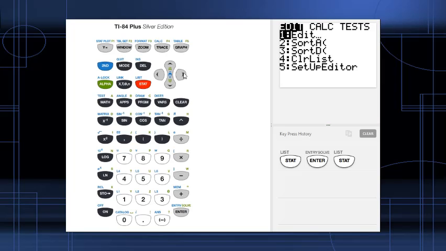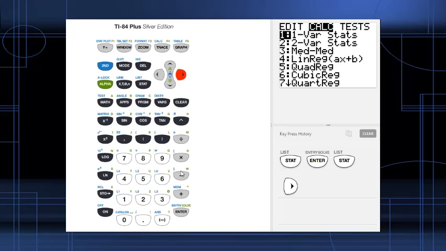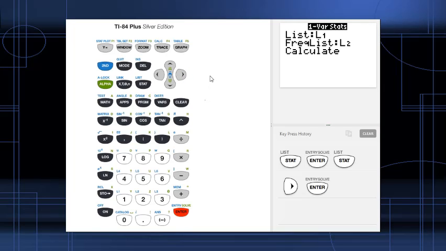Now I'm going to click Stat, go to Calc, and choose the one variable statistics, which is option 1. You see right here in my list I've got L1, and in my frequency list, this is my probability distribution, or L2. Then I'm just going to hit Enter, Enter, Calculate.